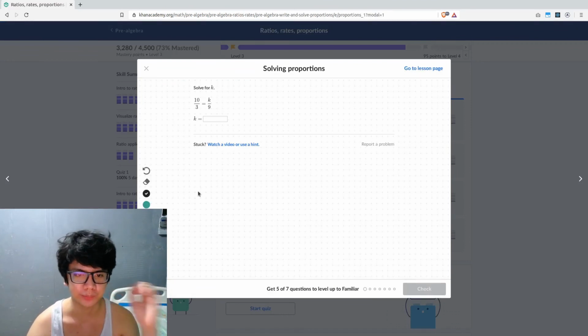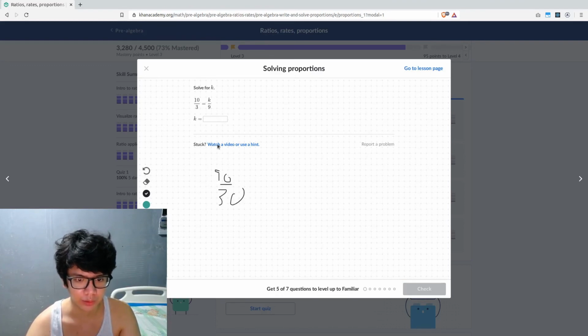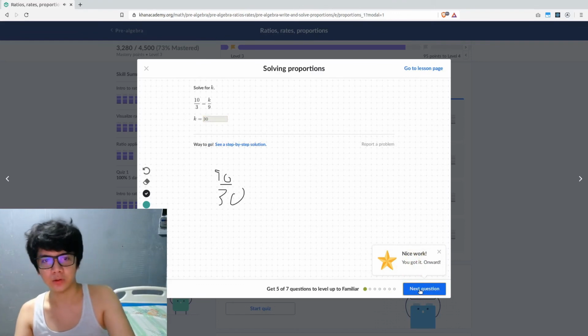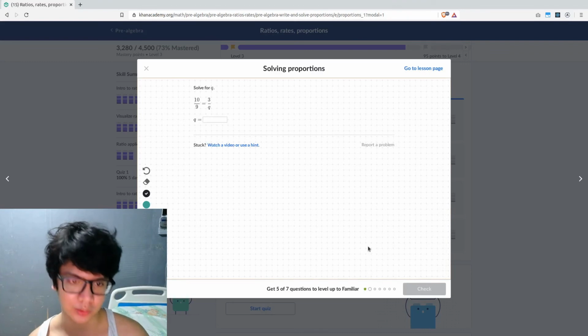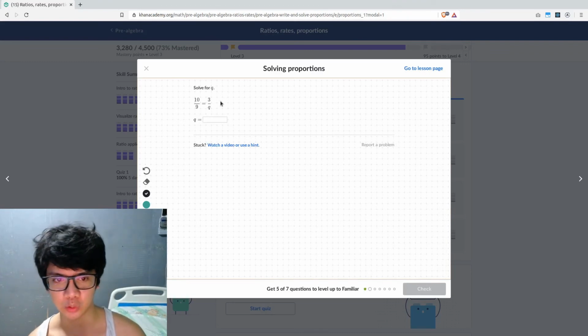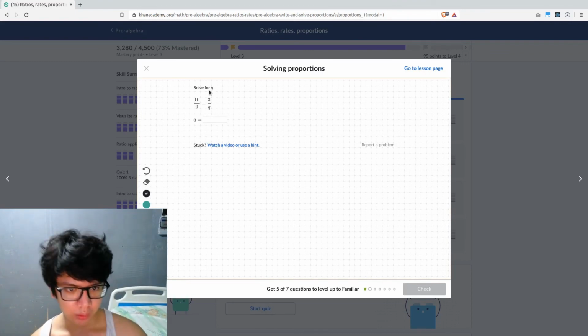Solve for K. Okay, so multiply the 90 divided by 3. Actually it's just 30, right? I could be wrong, but I'm sure it's 30. Okay, cool. I mean, multiply by 9, so multiply by 3 as well. I'm kind of using intuition.